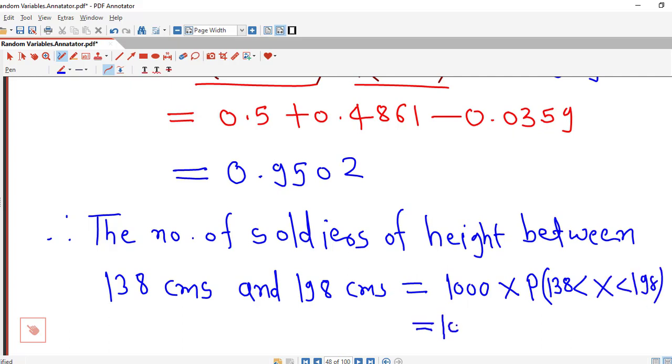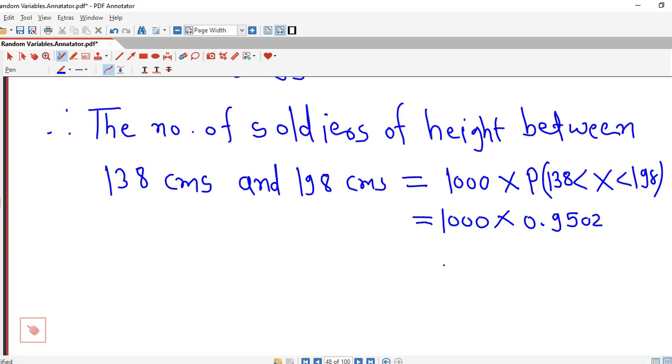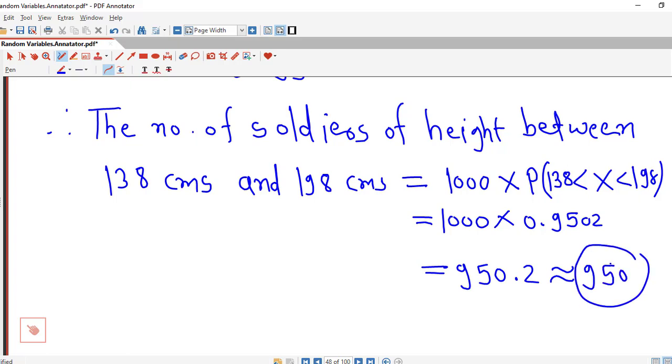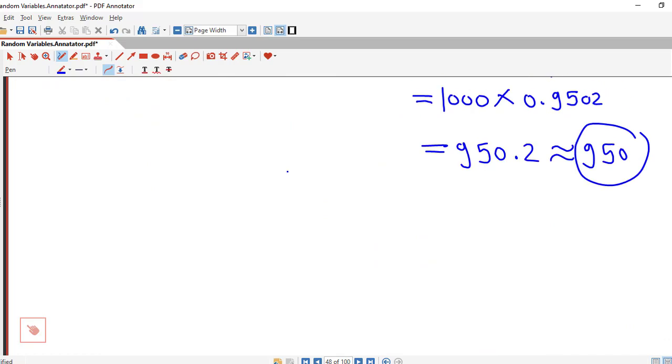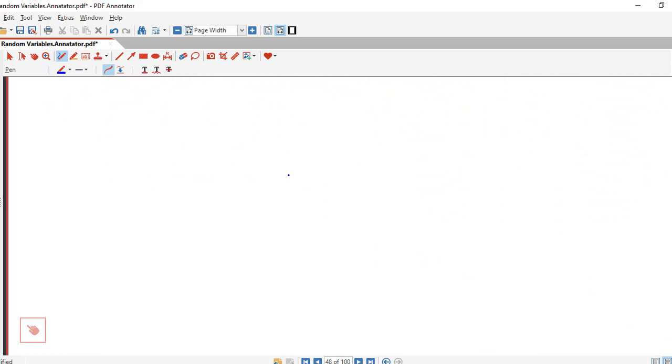So this is nothing but 1000 times 0.9502, which is 950.2, that is approximately 950. So there are 950 soldiers of height between 138 and 198 centimeters. This is the solution of this question.